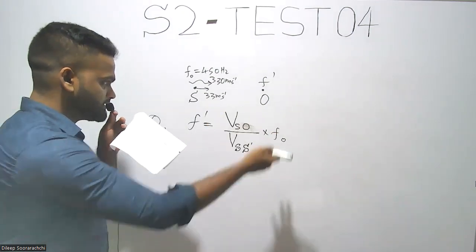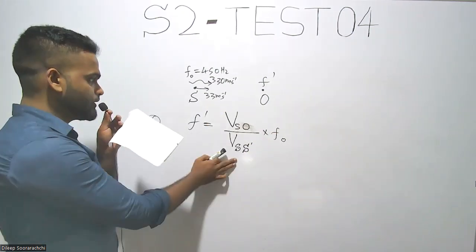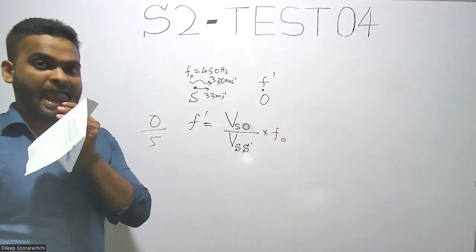So this equation is easier. Just remember this equation whenever you need to find apparent frequency.